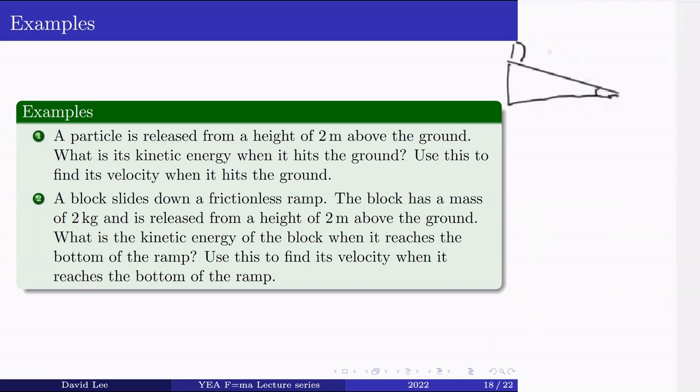I didn't specify, but really it doesn't matter for this problem. And it's at a height of 2 meters. What I meant by that is that this distance is 2 meters. So it slides down the ramp, and we want to find its kinetic energy at the bottom of the ramp and its final velocity.